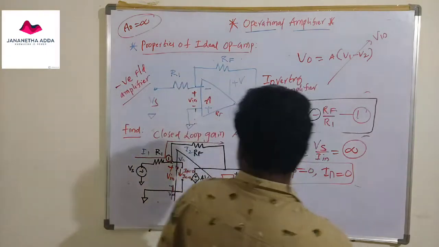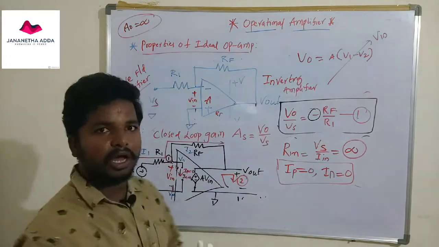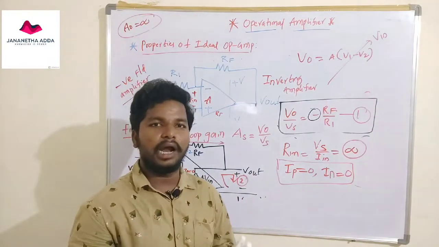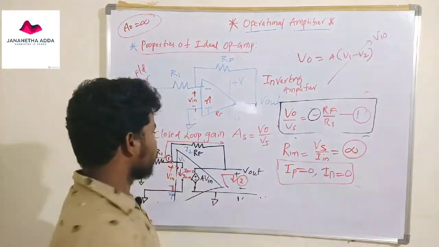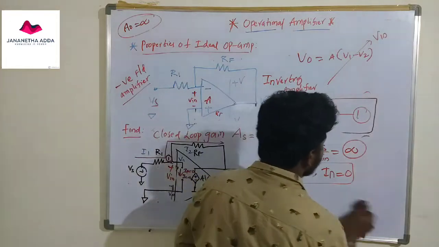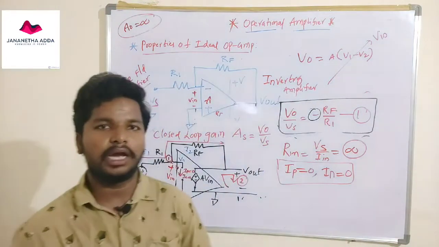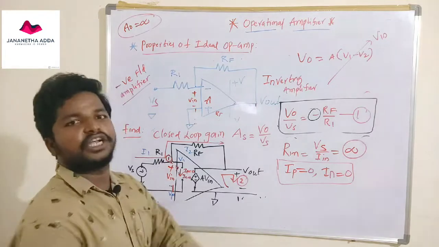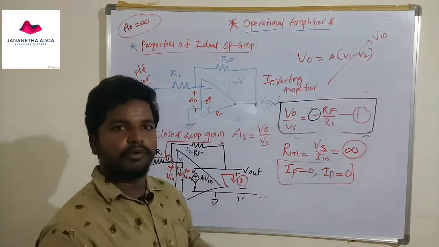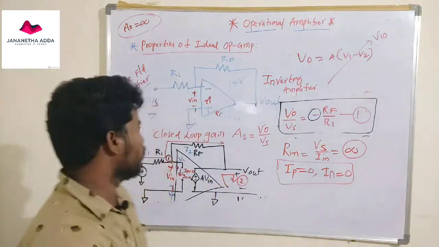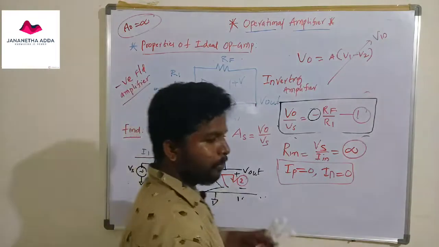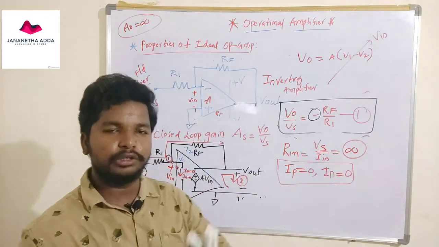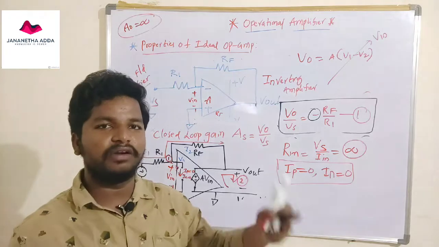It also has 0 output resistance, to act as an ideal voltage source. And it also has high bandwidth because it is compensated with an external capacitor. We will discuss the frequency compensation of the operational amplifier in the next video.